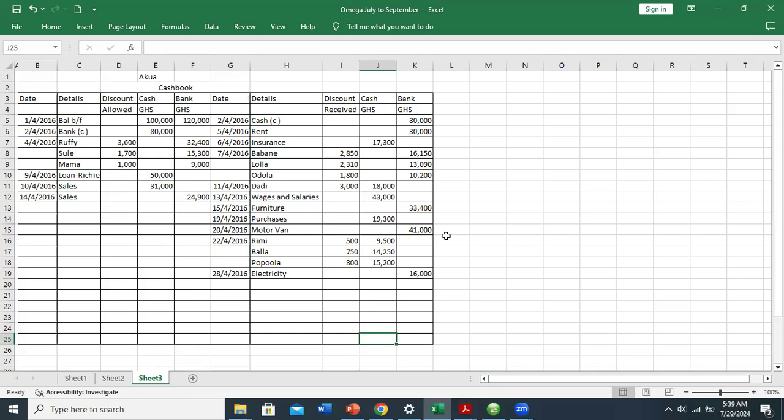Prof. Sandra, do that for the bank, and then Prof. Frank, you are going to do that for discount allowed and discount received. If you are done, you tell me the figures, I put them down, and then we'll move on. We should be doing that very fast because we have less than 10 minutes to end this session.